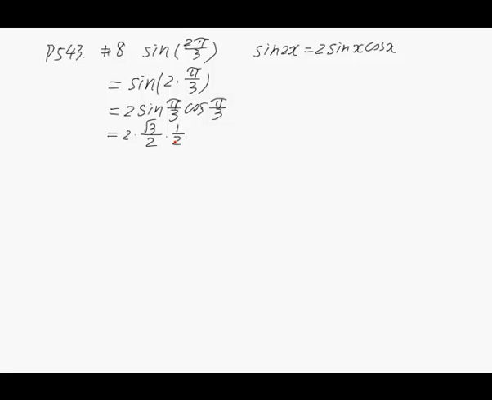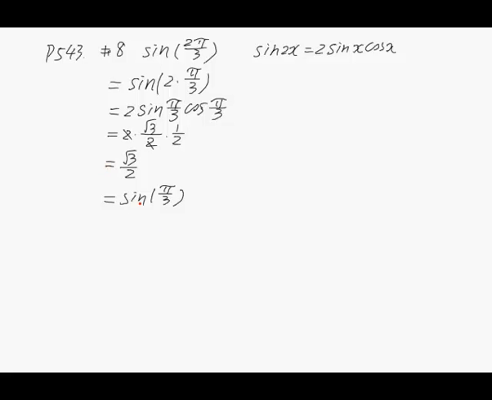And then, finally, actually, this 2 and this 2 cancel, and then you get the root of 3 over 2. So this is the same as sine of 2 pi over 3, right? Same result as we get from the reference angle.